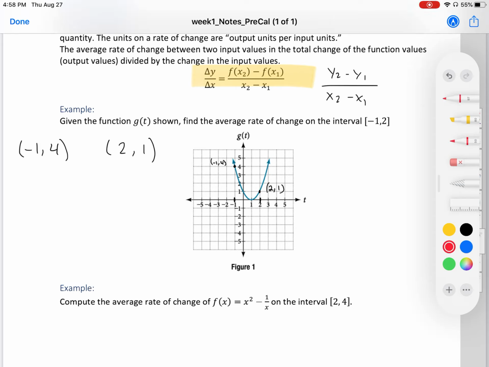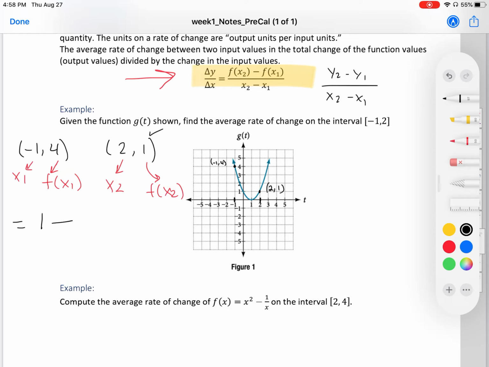Now, if we wish to use our formula that we have right above, our -1 would be our x1, and our answer for that first one would be f of x1. For that second one, we would have x2, meaning 2, and the matching y would be f of x2. Now that we have each piece, we can go ahead and plug it into our formula. So f of x2 is just 1.